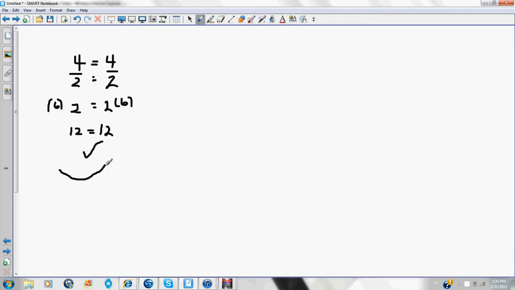Okay, the important thing to remember is that whatever you do to one side of the equal sign, you've got to do to the other side of the equal sign. Sides are determined by the equal sign, okay?